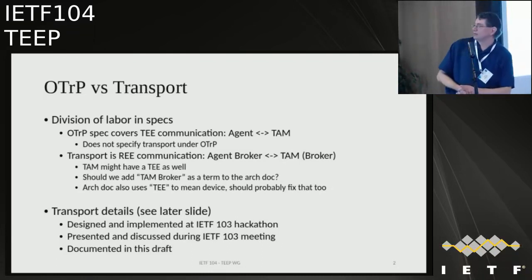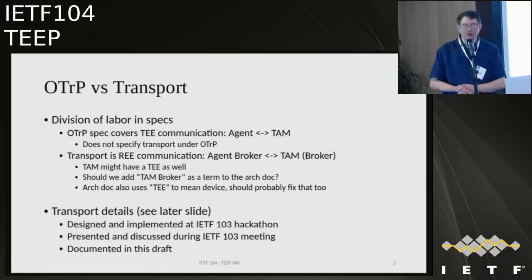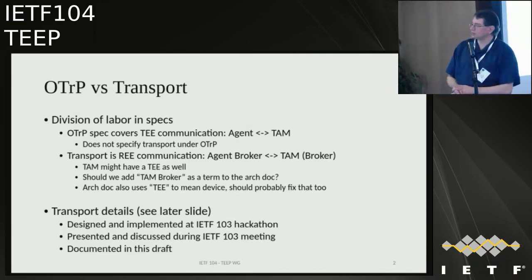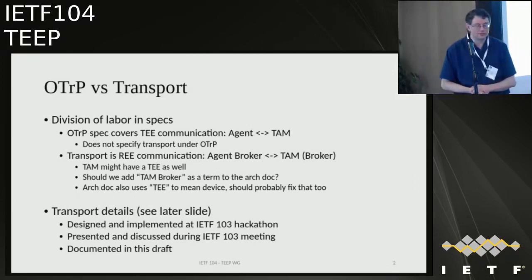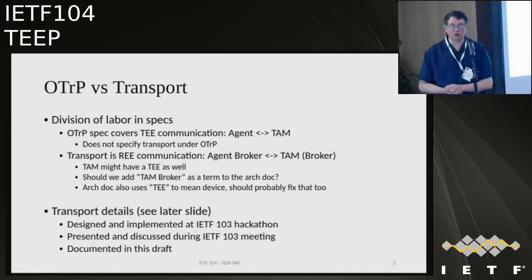In the architecture document, the terminology had one part that was a little bit confusing, so I used a different term when I wrote this document. You can see in quotes there, I use the term TAM broker. I'm wondering, should the architecture document have this term? It currently doesn't.